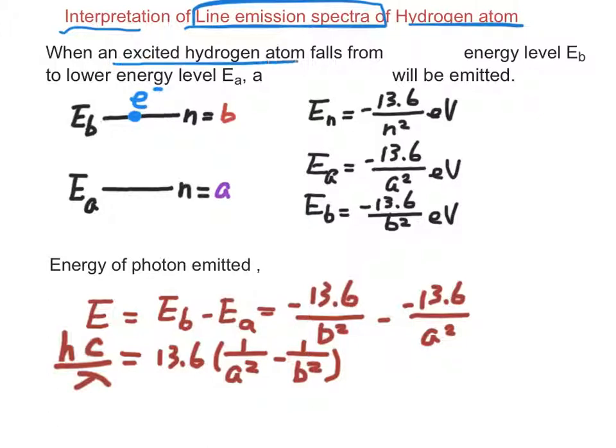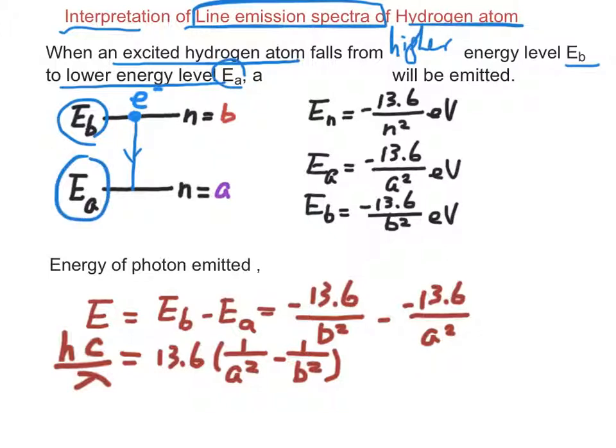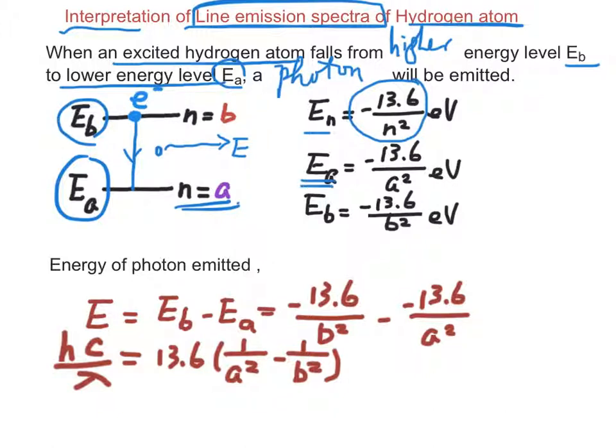When an excited hydrogen atom, as seen in the diagram, falls from higher energy level Eb to lower energy level Ea, a photon will be emitted with energy E. By En equal to negative 13.6 over n squared eV, we have, when n equal to A, Ea equal to negative 13.6 over A squared, and when n equal to B, we have Eb equal to negative 13.6 over B squared.